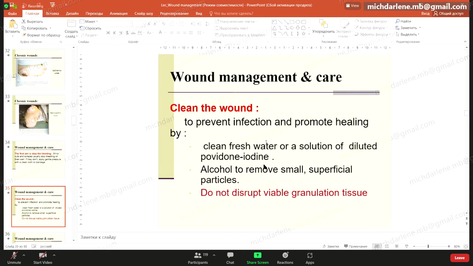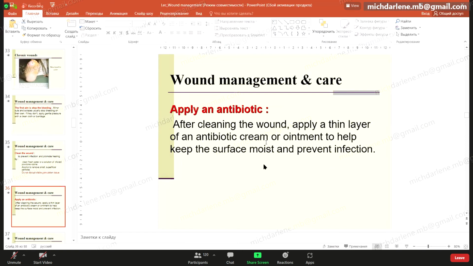That's why you use not so aggressive peroxides or maybe some special solutions of any modern antiseptics. Let's take alcohol, removes smell, yeah. And if it's not so fresh a wound, please don't touch the fresh and young granulation tissue. It's a possibility to cover this wound. If you take off all of these tissues, you have not so cool results.